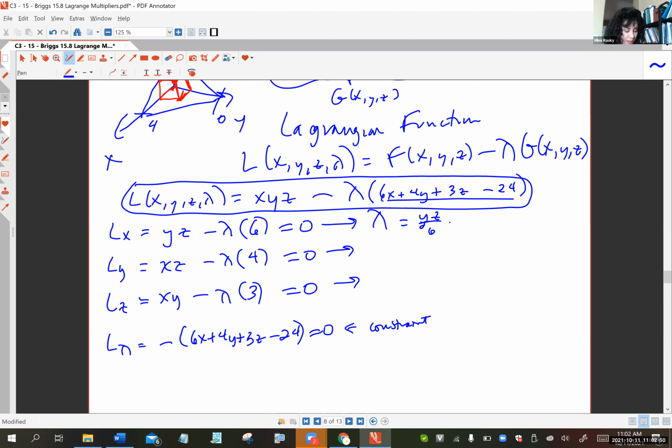Okay, save that. I'll call that my number 1 lambda. If I solve for lambda a second time with the second partial, I get lambda is xz over 4. Call that our number 2. Solve for lambda again, and I get xy over 3. Call that our number 3.